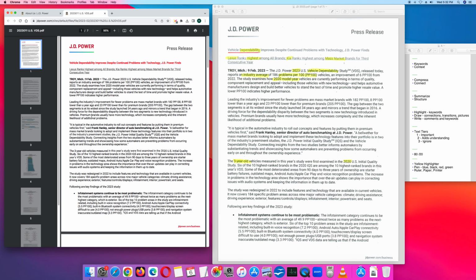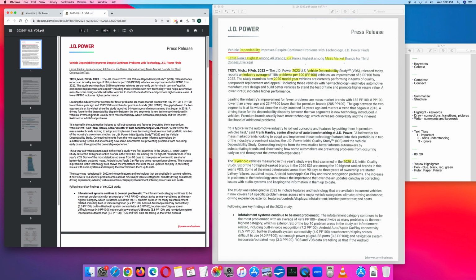That would be an accurate summarization. Another way to know that it's a very important word is to ask, what if you remove that word from the document? If you remove vehicle dependability, you would have no idea what this document is about. So we know that vehicle dependability is a top tier 1 word.